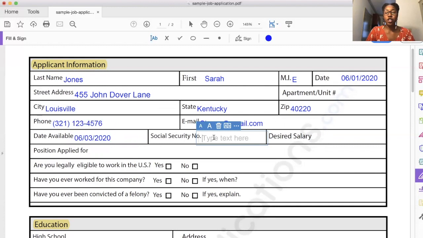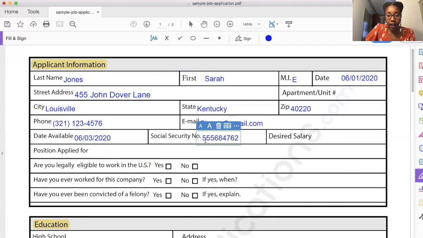Next, it asks for Social Security number. When we are adding our Social Security number, it is important to add it in the correct format. For example, 555-68-4762 is our Social Security number for Sarah.